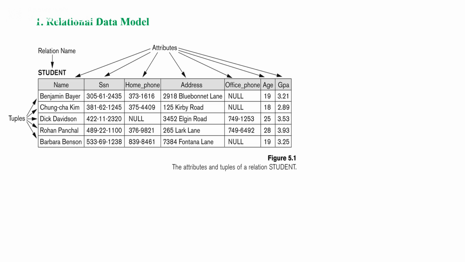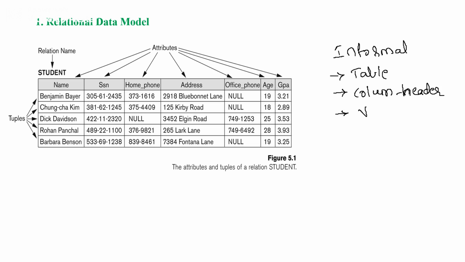In the informal definition, instead of relation we call it a table, instead of attribute we call it a column header, and the values inserted into those attributes are the informal definitions.